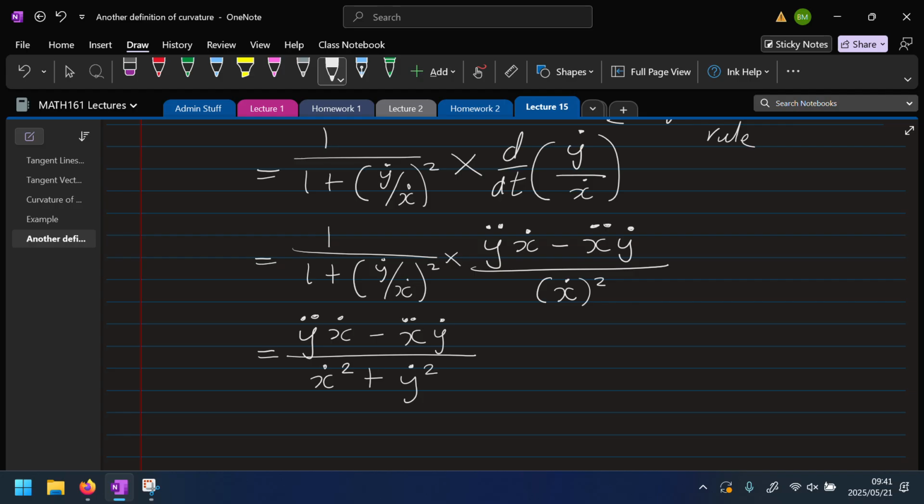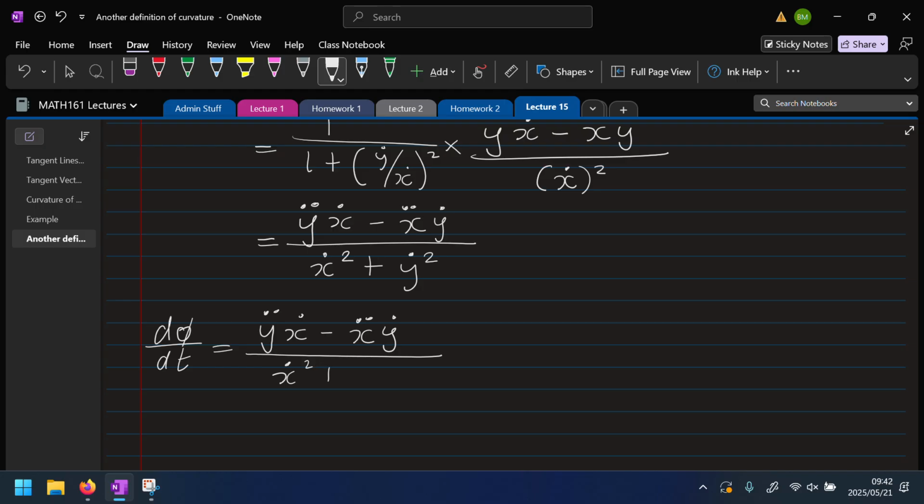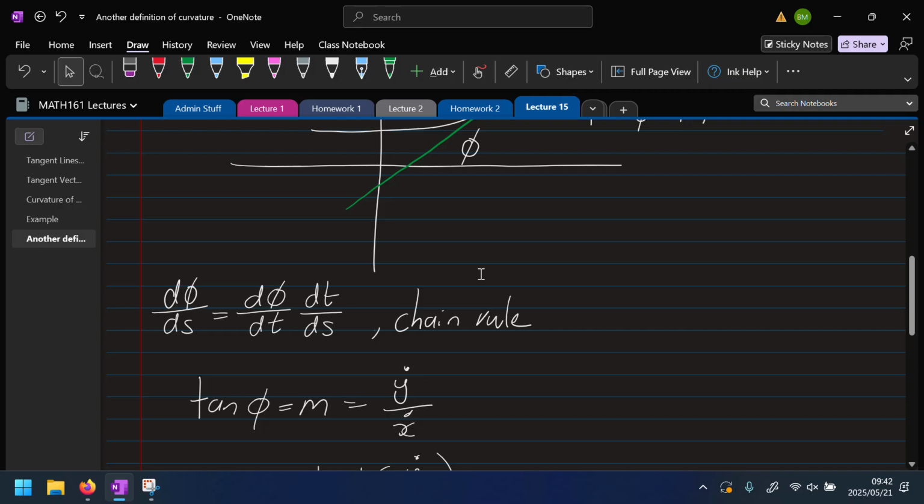Okay, so this is d phi by dt. So let's just write this out again: y double dot x dot minus x double dot y dot, all over x dot squared plus y dot squared.